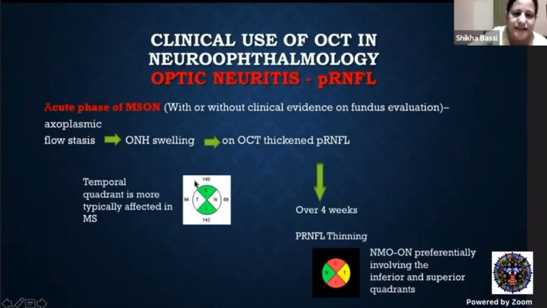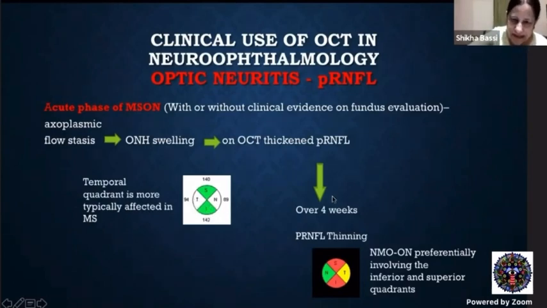So here we can see this is an acute case of optic neuritis. You can see temporal and nasal quadrants are showing thickness. And another thing is that in patients with multiple sclerosis, there is a preferential involvement of the temporal quadrant.